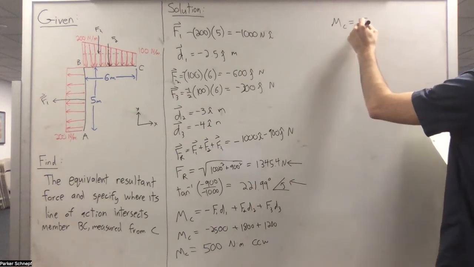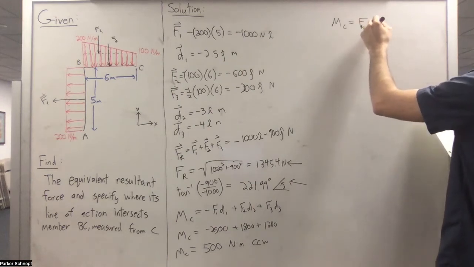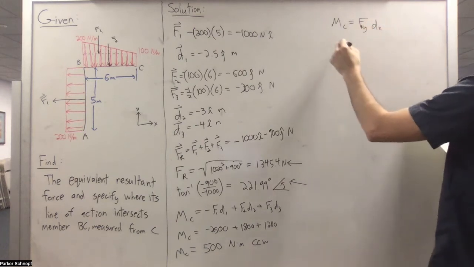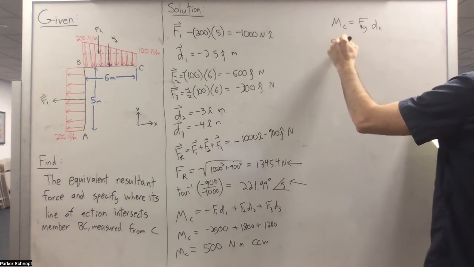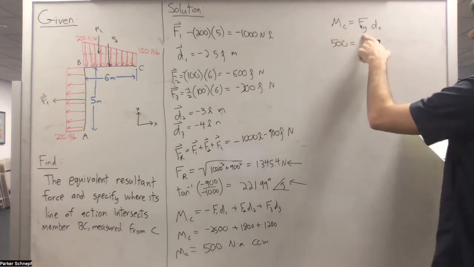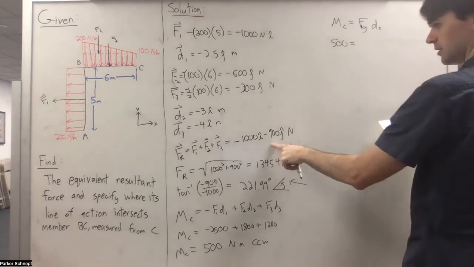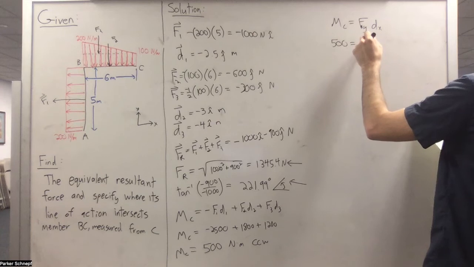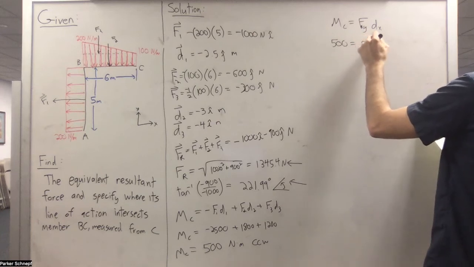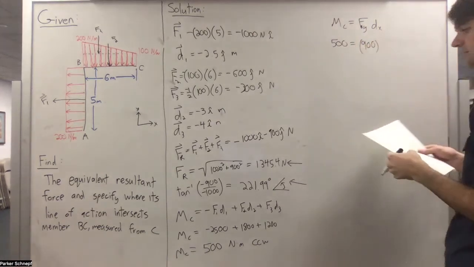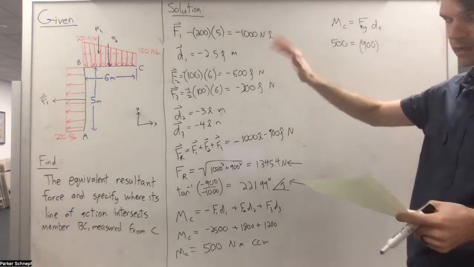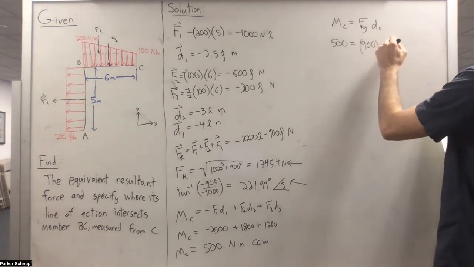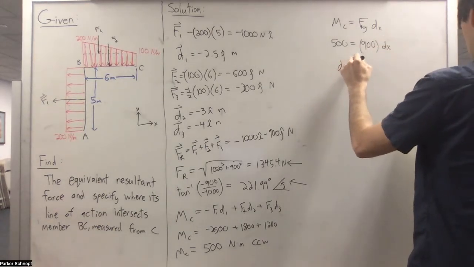So resultant y component of the resultant force times some mystery distance in the x direction. So we have 500 equals just the y component of this force, so that's negative 900, or I guess just 900. I don't have to keep the negative because the signs will come from the right-hand rule. So 900 times dx.